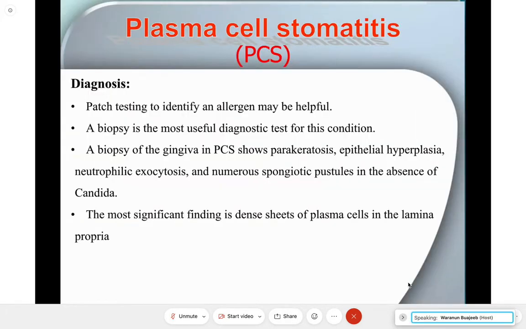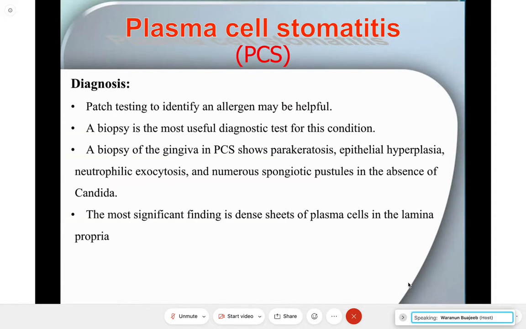To identify it, it's most important to ask how long the patient has had it. Normally it follows exposure to an allergen which the patient may not be able to identify, but you need to ask the history: any new toothpaste, new mouthwash, or any chewing gums. The patient may not notice that it may be related to chewing gums.